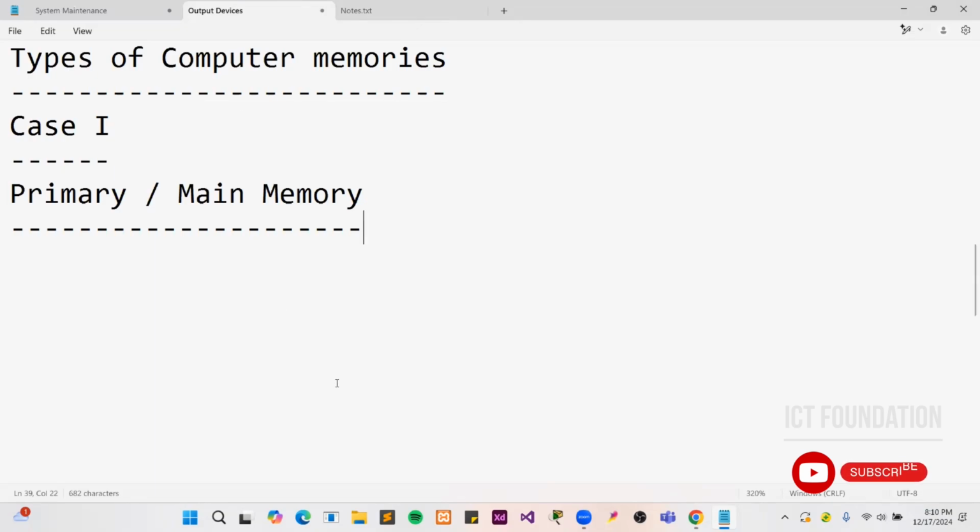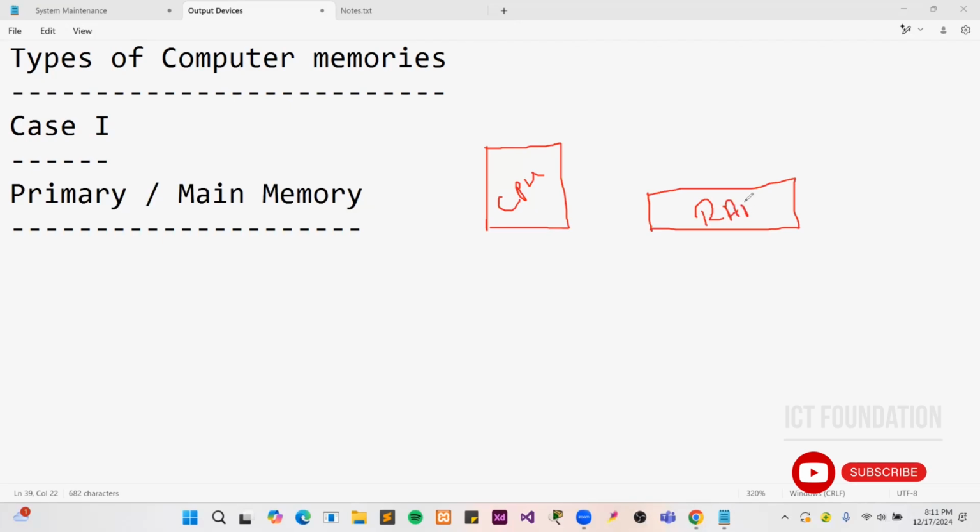So we can draw a diagram like this. This one is a CPU. CPU means the central processing unit, which works as the brain of the computer system. The CPU has a direct connection with the RAM. After the RAM, we have a memory called hard disk.